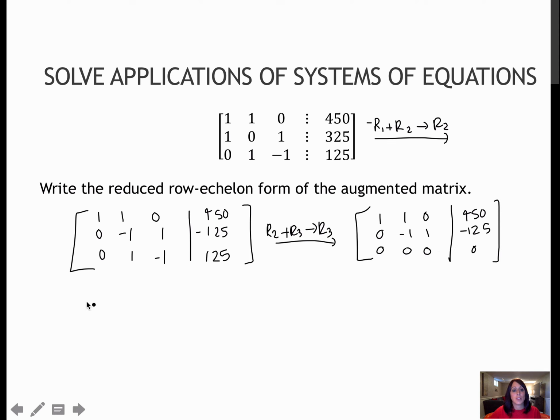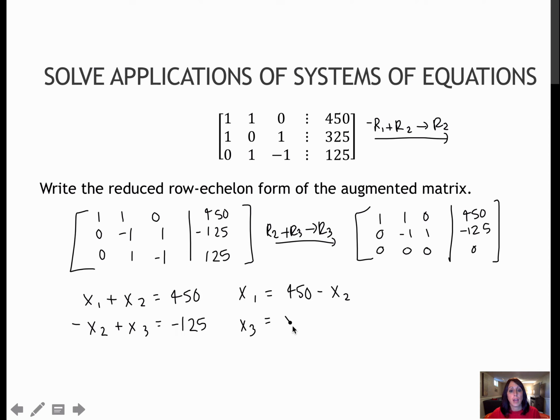Turning these back into equations then, I have x1 plus x2 equals 450, and I have negative x2 plus x3 equals negative 125. So it appears again that what they have in common is x2. So I'm going to say that x1 is equal to 450 minus x2, and that x3 is equal to x2 minus 125. So this is my solution, and of course we're going to say x2 can be any number.